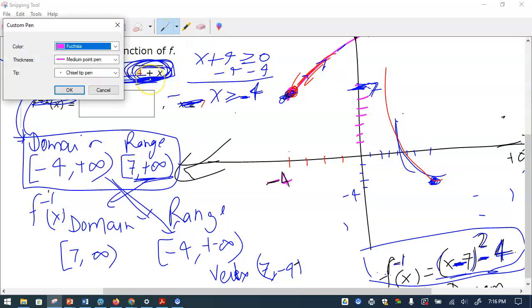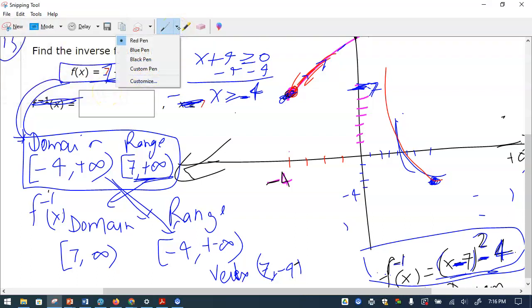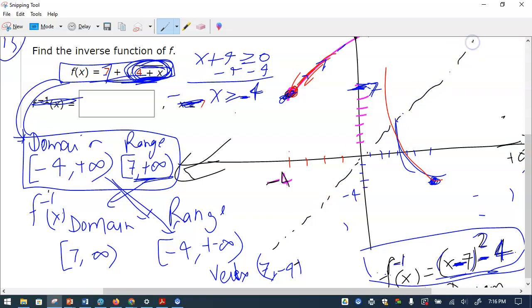Now you can see clearly that the inverse function always reflects over the line y equals x. So if I draw a dotted line, it has to reflect over this line.